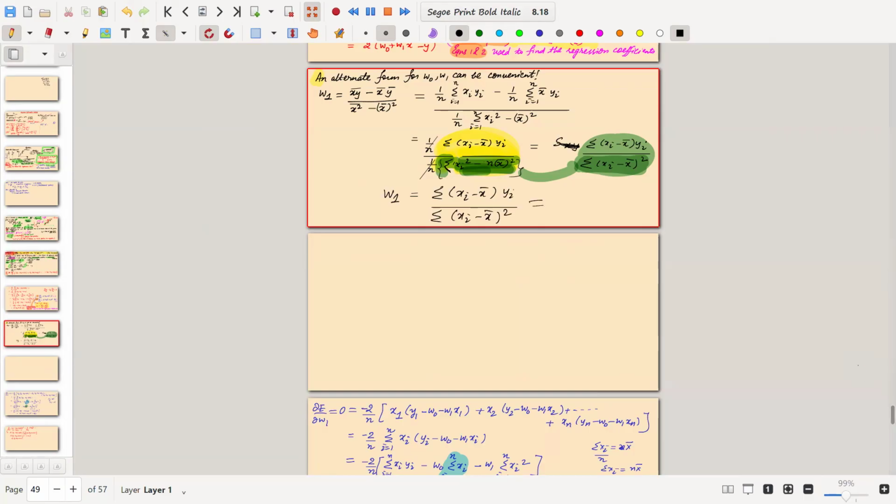What is the numerator? The numerator is nothing but the covariance of x and y, represented by Sxy, divided by xi minus x bar whole square, which is the variance in x, that is Sxx. So this is covariance of x comma y divided by variance of x.